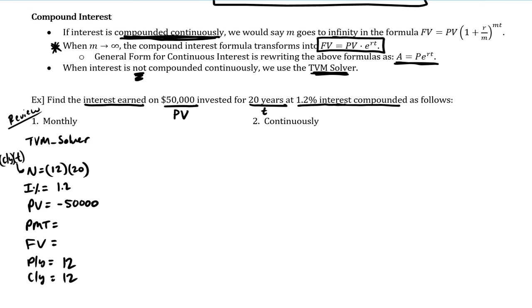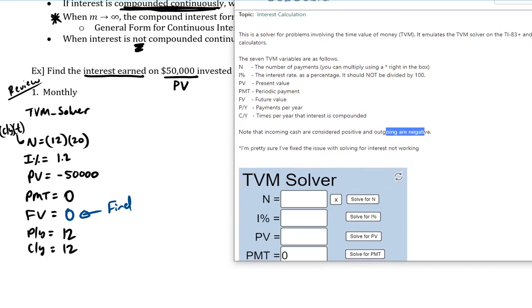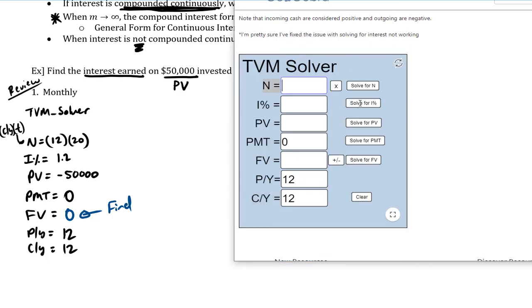That's why I'm making it negative. PMT is payment, so that's going to be 0 on this problem, so that would be like $200 a month every month, something that happens frequently. And then future value is what we want to find, which I'm going to do in blue. So we need to find this. We just put 0 as a placeholder for most of these problems because that's how it's programmed.